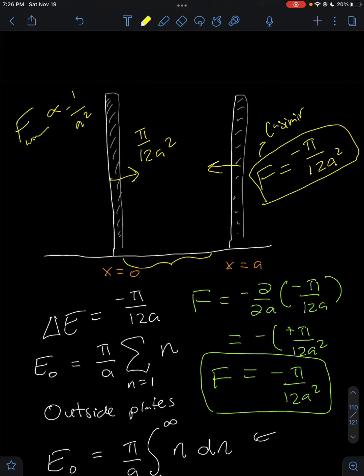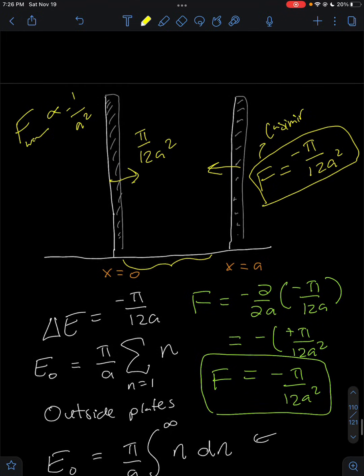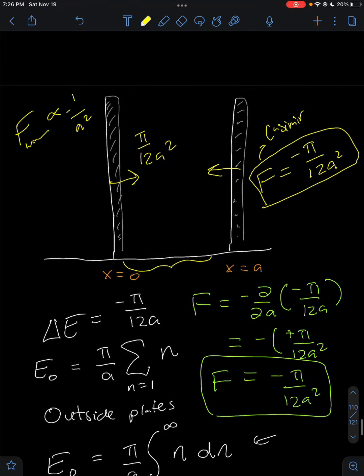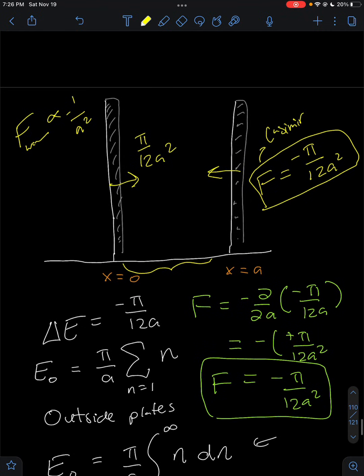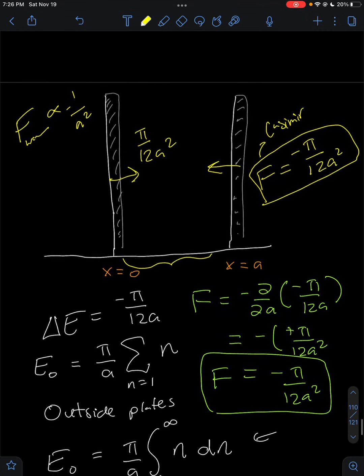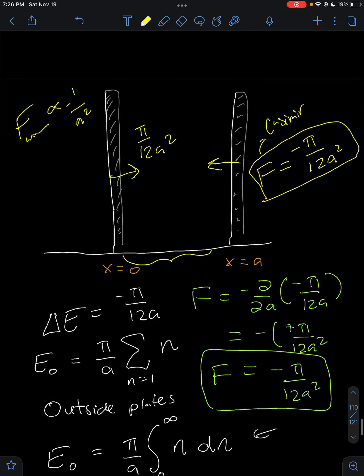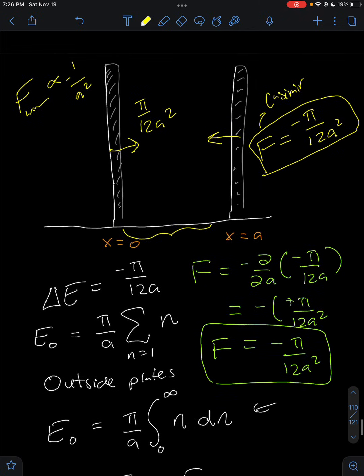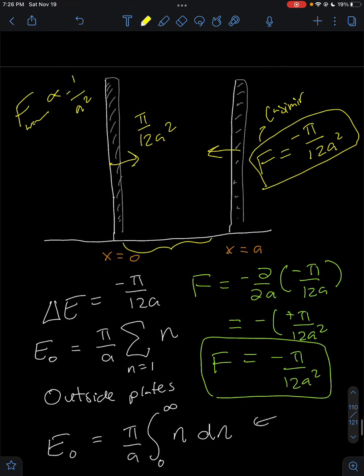In fact, one could argue them to be the same thing. So you can derive the Casimir effect by just using the van der Waals force between the plates, instead of talking about vacuum energy at all. You can derive it for the case where there's zero vacuum energy, and you get the same thing. So there's this debate about whether the Casimir effect is actually due to the vacuum energy, or if it's just a van der Waals force between these two plates.